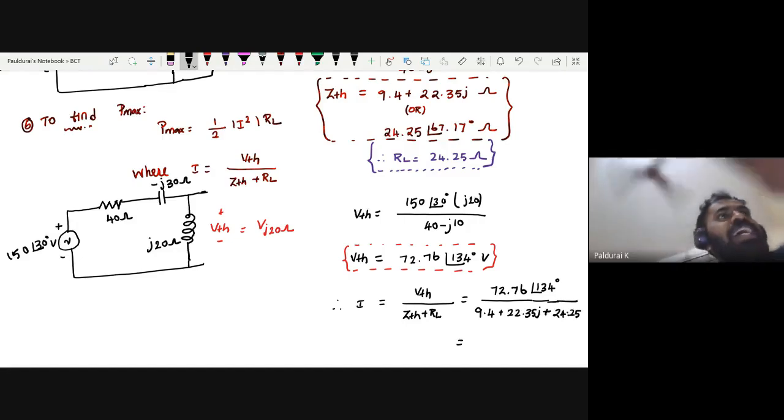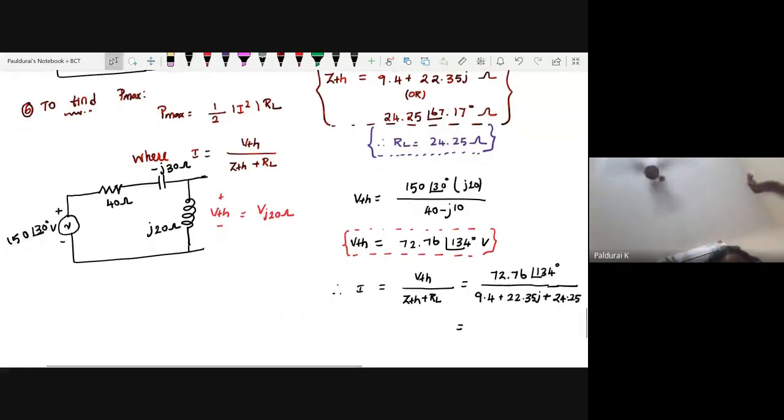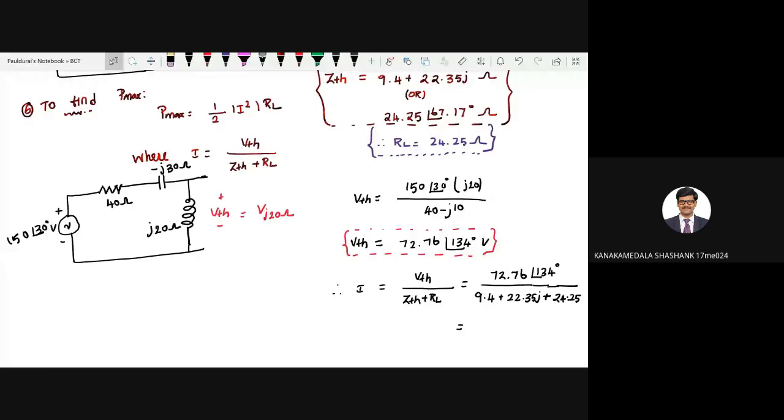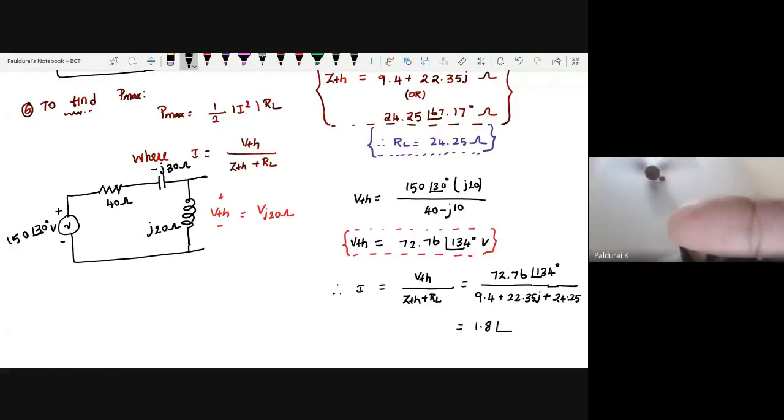What is this I value? 1.8 at an angle of 100.45. Great. 1.8 at an angle of 100.45 degrees. Unit is ampere, right? So this is my I. So find Pmax.